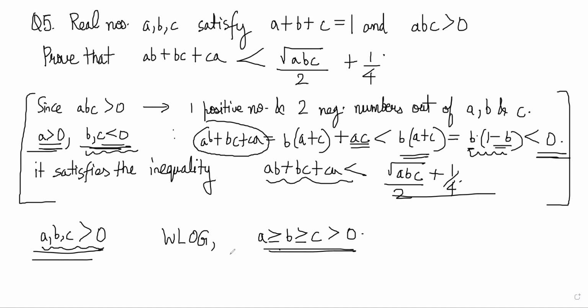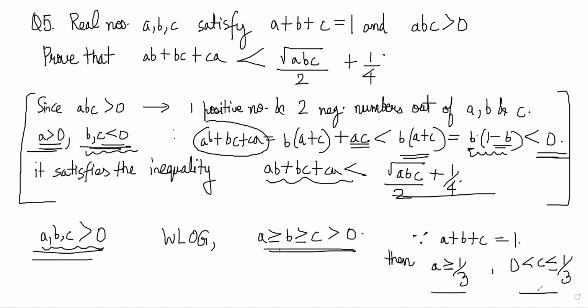And if this is true, since A plus B plus C is equal to 1, it implies that A is greater than or equal to 1 by 3 and C is less than or equal to 1 by 3. Because A is the largest number and C is the smallest number, A plus B plus C will be less than or equal to 3A.